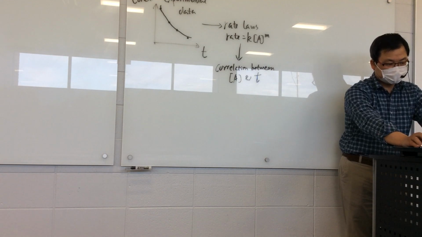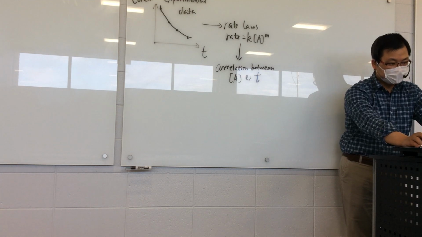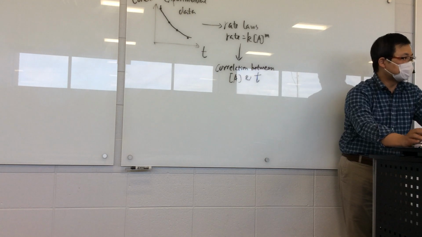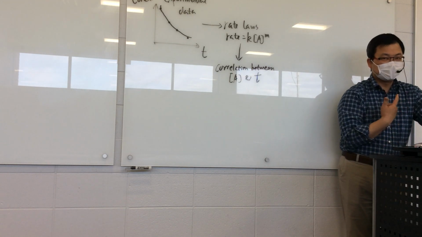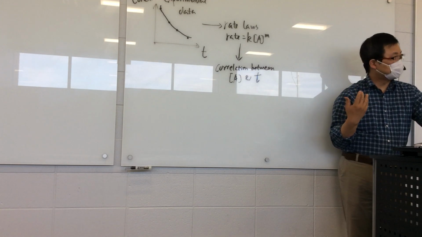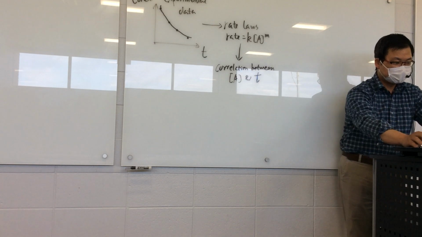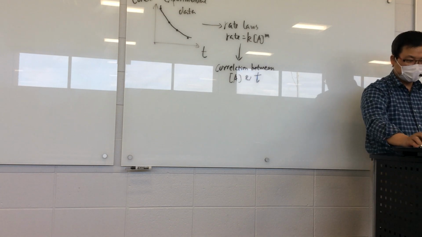Because this is constant. The starting solution is known, and then it's constant. And then it's a linear correlation, and from this linear correlation, we can figure out the slope. And from the slope, we can figure out the rate constant, K.